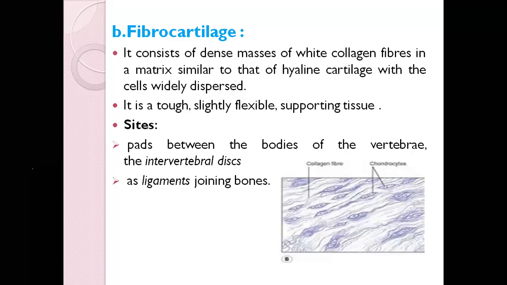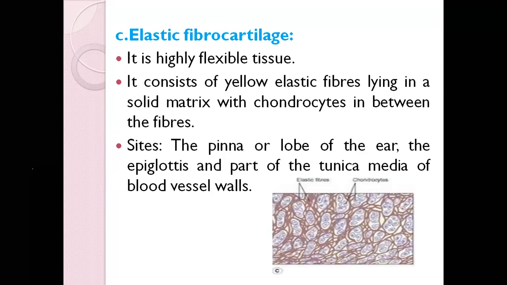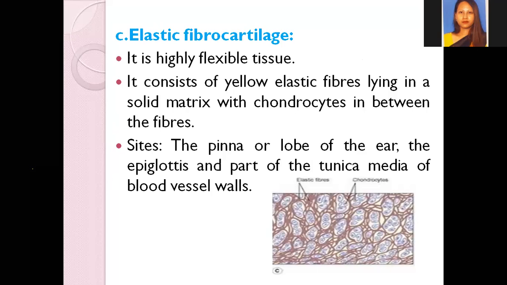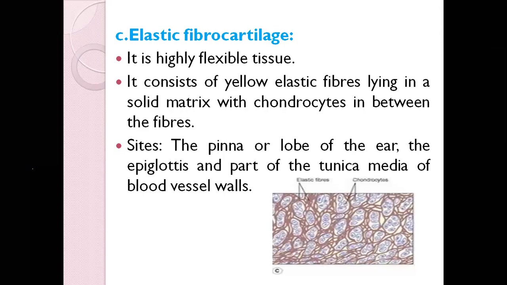If you see the third one, it is called elastic fibrocartilage. Here also, just remember what type of fibers we have: elastic fibers. And we have cells. Similarly here, in between the elastic fibers, you will find chondrocytes. It is a very highly flexible tissue, obviously, and that is the main reason it is called elastic.